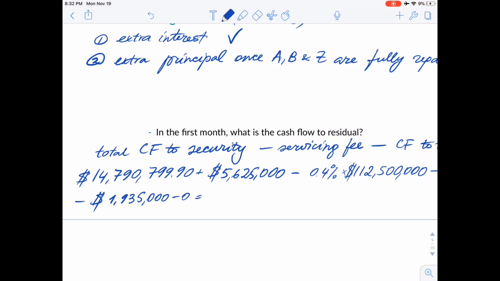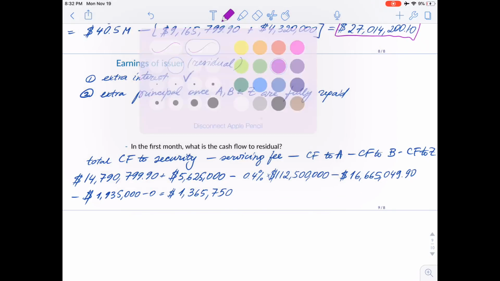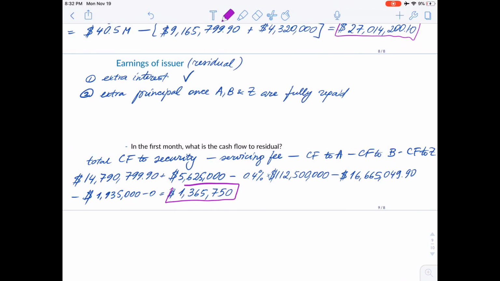So if we subtract all of that together, sorry about that, we get $1,365,750. So that is how much the residual tranche is receiving in the first year. And I believe that's it for our problem.